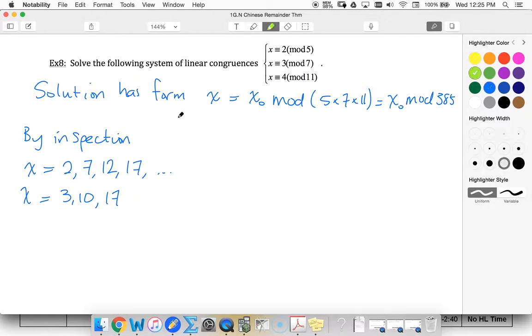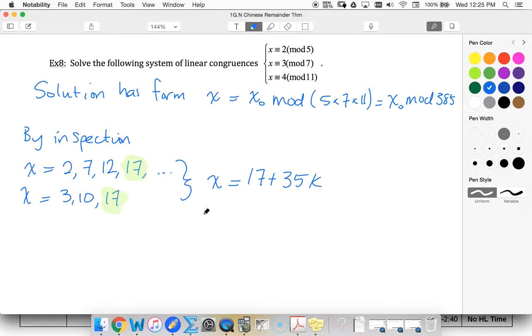I'm stopping there because I see 17 and 17. So from this system, I know that x is going to be equal to 17 plus 35k. And I know that because of my 5 and my 7.